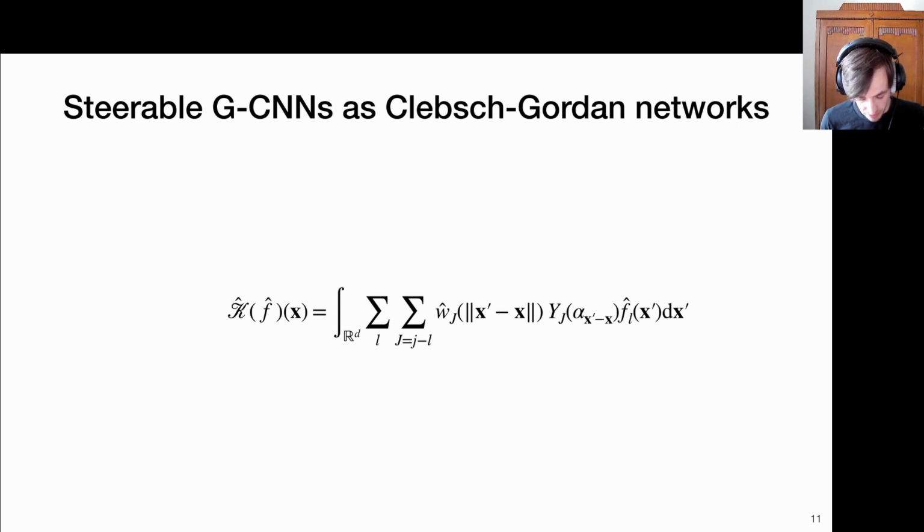So we have a field with output frequencies indexed with j. We have a field with input frequencies indexed with L. And then we have a kernel that transitions from L to J. And we already saw if we want to have, for example, frequency 2 output and our input is frequency 0, then I'm allowed to have a frequency 2 filter, right?